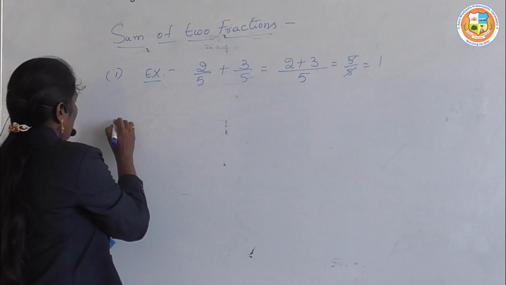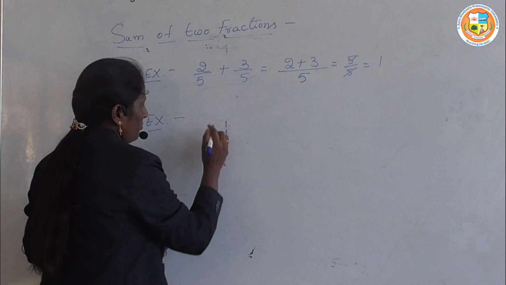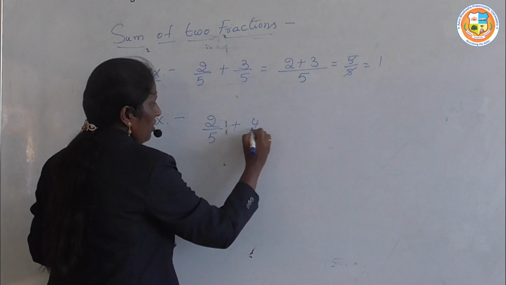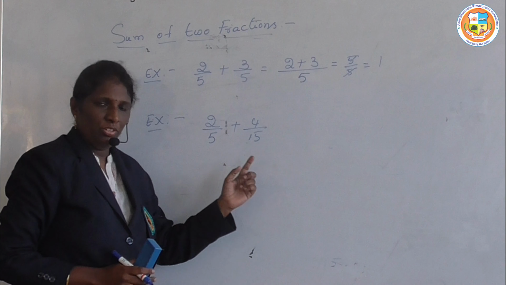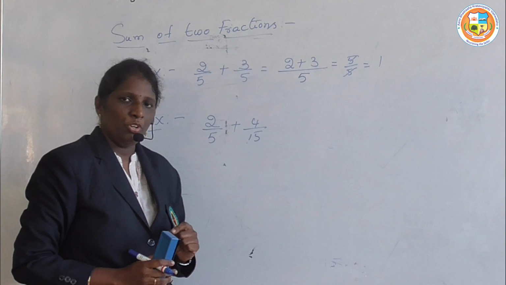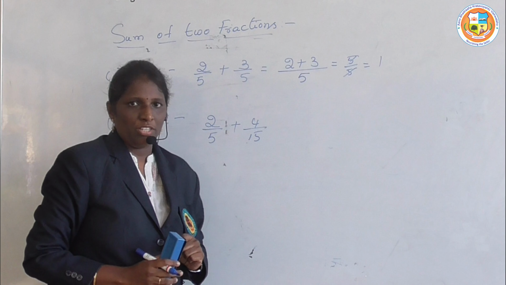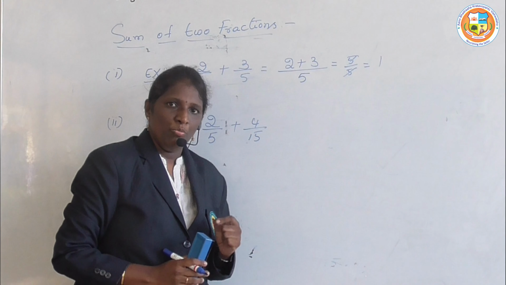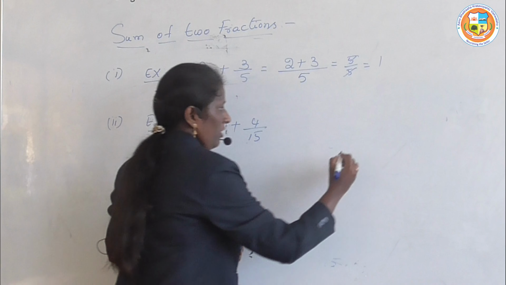Second case: the two fractions are unlike fractions. For example, 2 by 5 plus 4 by 50. Observe the denominators 5 and 50. They are unlike fractions, so first we have to follow one rule: convert unlike fractions into equivalent like fractions, based on the LCM. So take the LCM of 5 and 50.